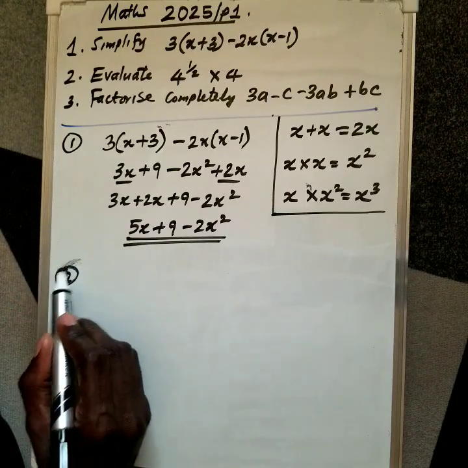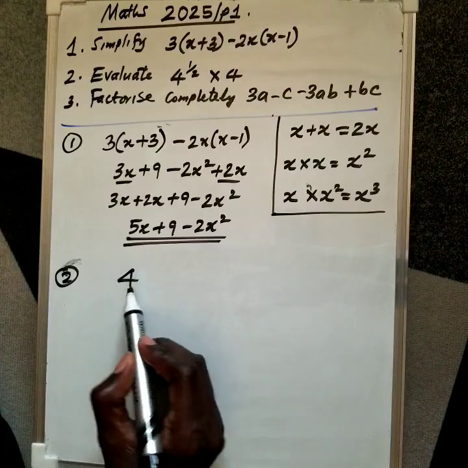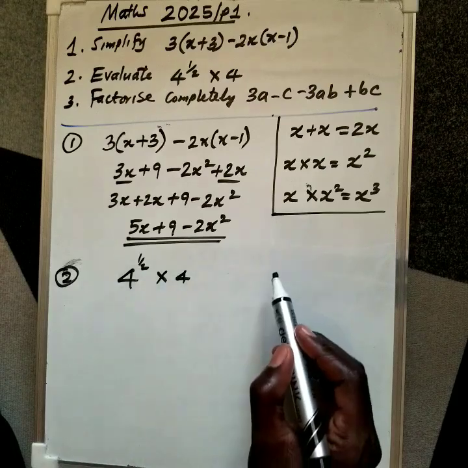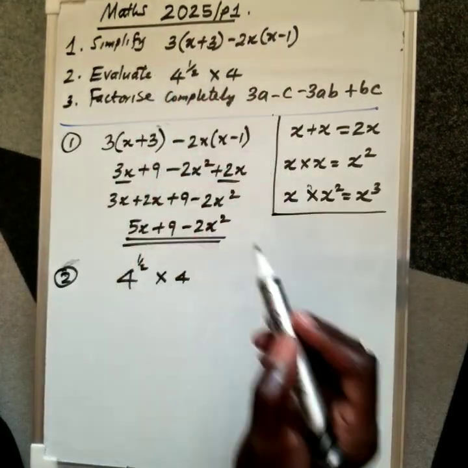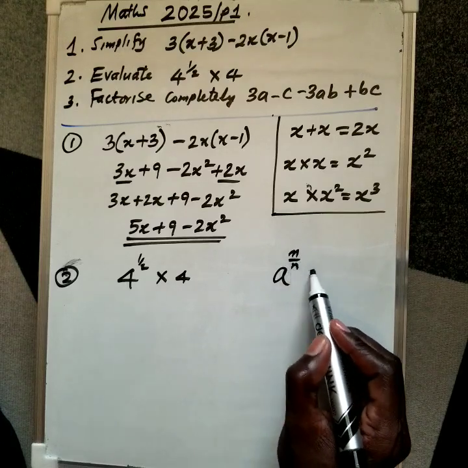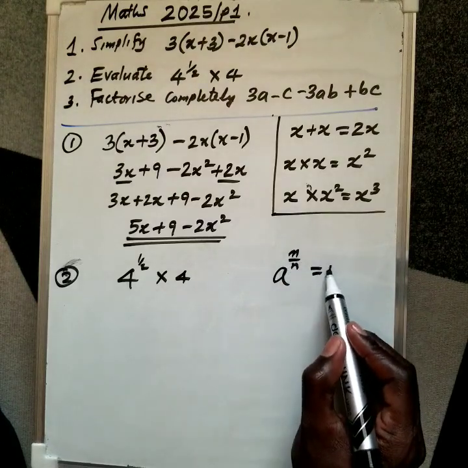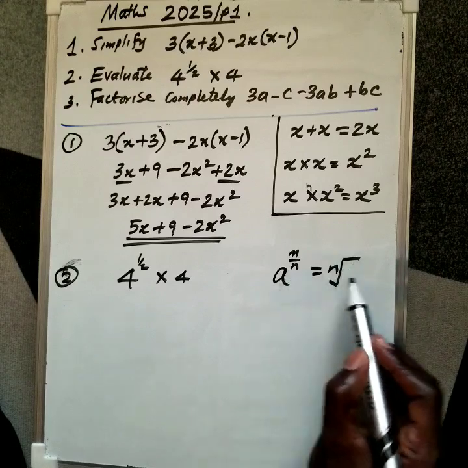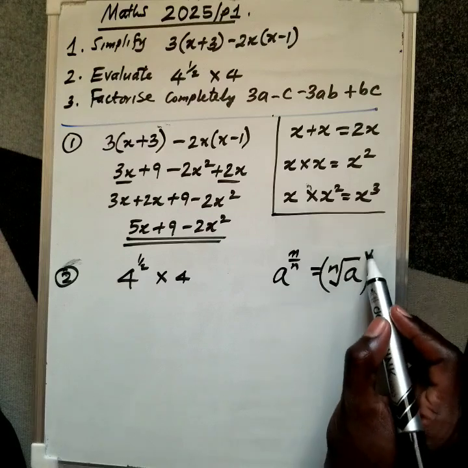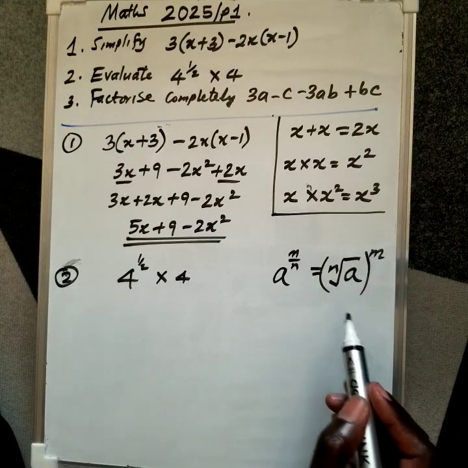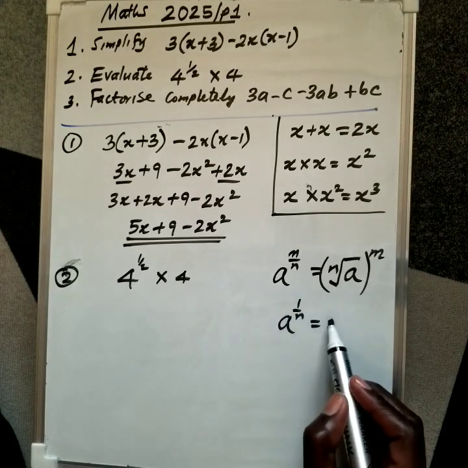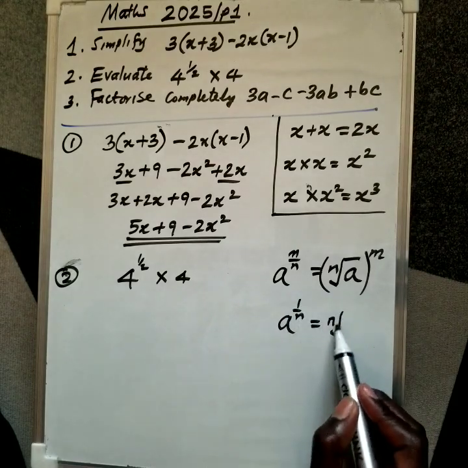Okay, let's move on to the second one. It says evaluate. So they want you to evaluate 4 raised to half multiplied by 4. Now, if you remember from your laws of indices, if you have a raised to m over n, the n becomes a root, the base goes into the root, and whatever you get, you raise it to the power m. But if you have 1 over n, it is just the nth root of a.